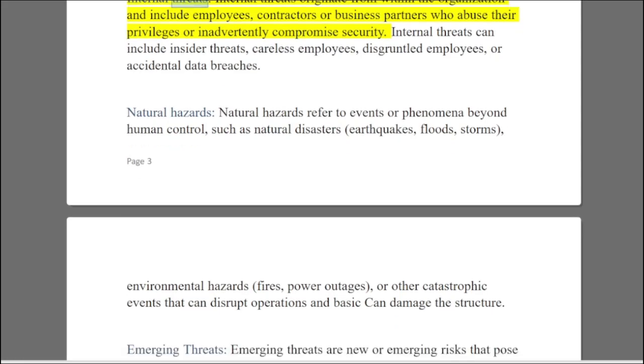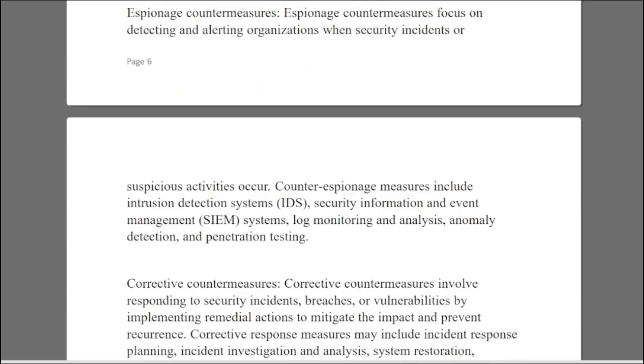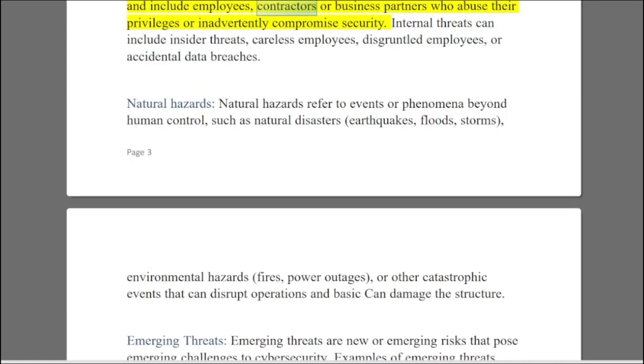Internal threats. Internal threats originate from within the organization and include employees, contractors, or business partners who abuse their privileges or inadvertently compromise security. Internal threats can include insider threats, careless employees, disgruntled employees, or accidental data breaches.